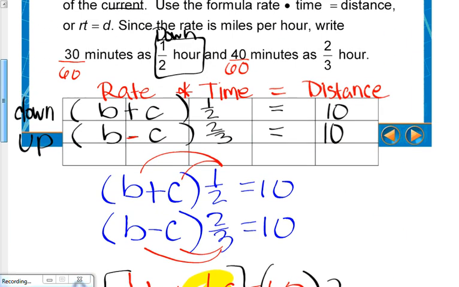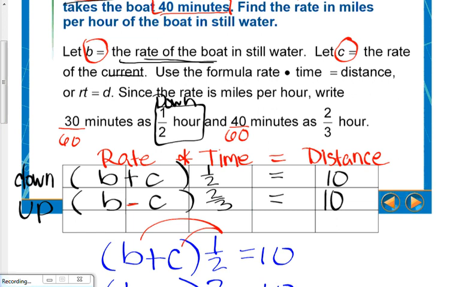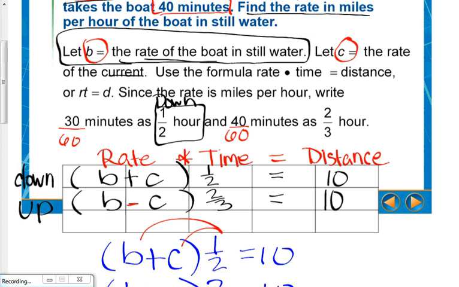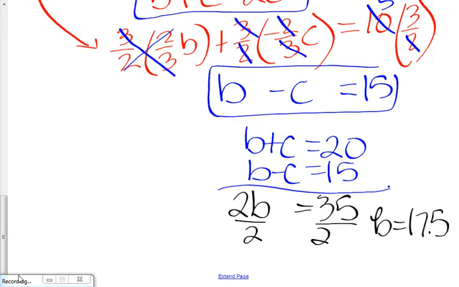Now what was B again? After all that work, the rate of the boat in still water. Is that what they wanted? Find the rate in miles per hour of the boat in still water. So I'm going to write my answer.